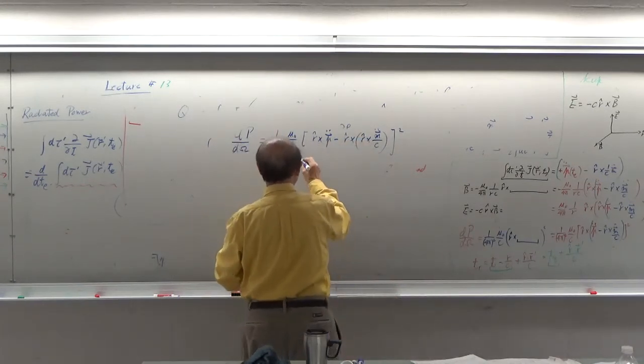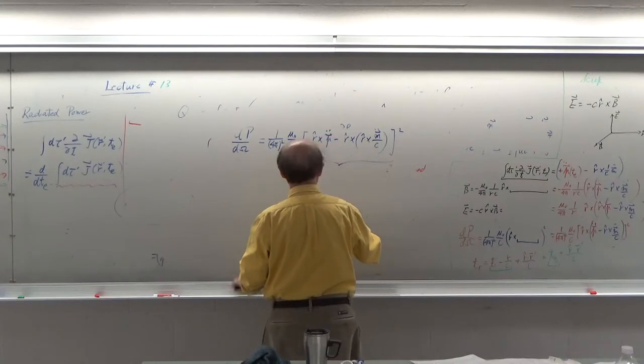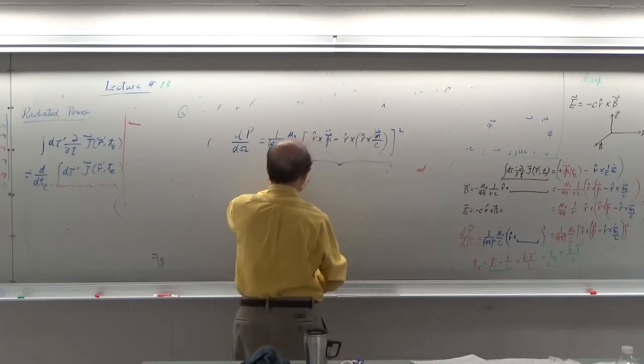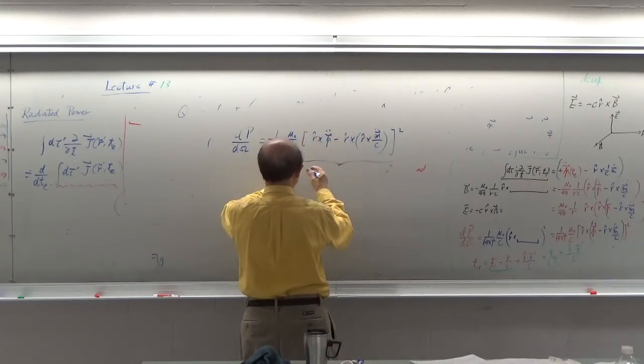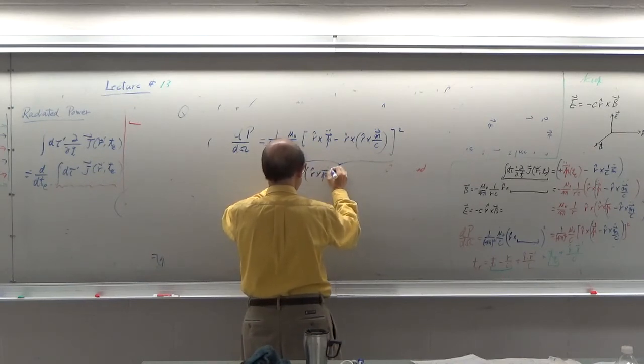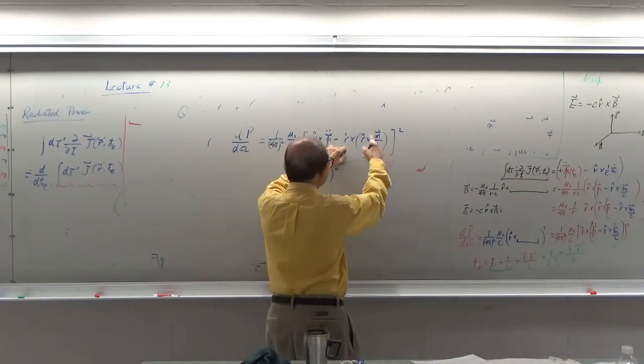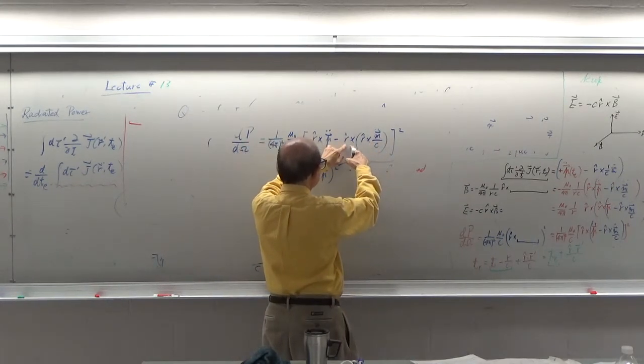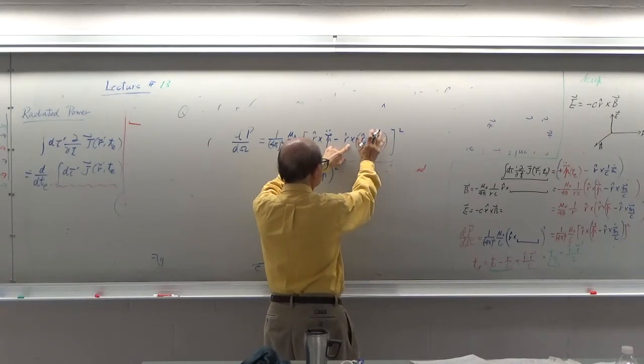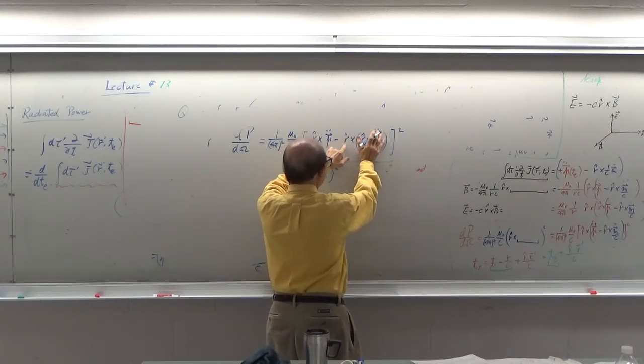Obviously, there will be three terms. One has to do with squaring this, so give me r hat cross p double dot squared. And then square this, and this cross r hat, so think of this as a certain vector and cross this r hat, take the square.